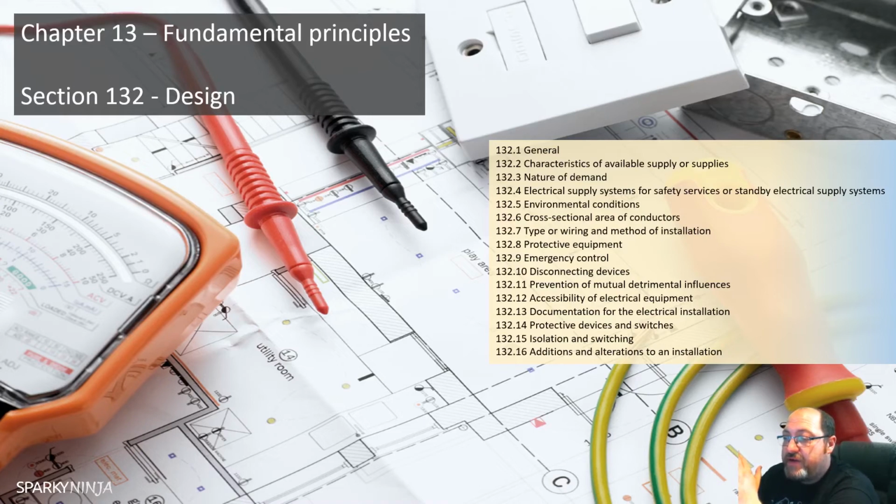Loads to be expected on the various circuits. Daily and yearly variations, that's important. So we mentioned this earlier on, is there a variation in the load? Are you there at quiet time? There's going to be a lot more demand later on. Any special conditions such as harmonics, requirements for control, signaling, communication, information technology, and anticipated future demand if specified.